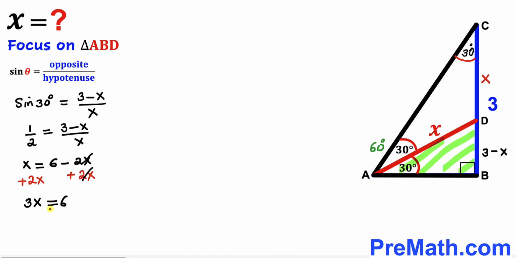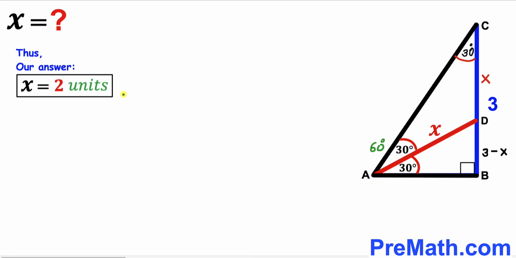Now I am going to divide both sides by 3 to isolate x. The 3 and 3 are gone, so our x value turns out to be simply 2 units by using the very first method.